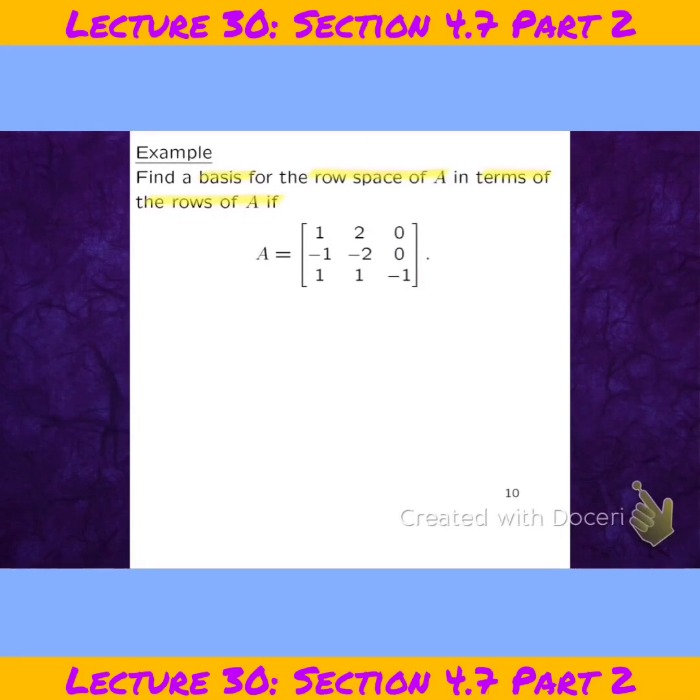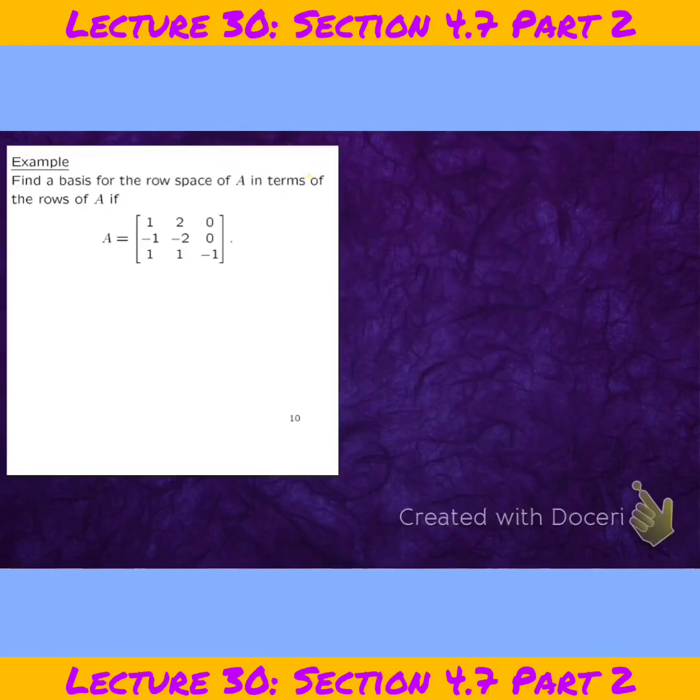We actually want to physically use the rows of A. So we're going to use the transpose of the matrix A.